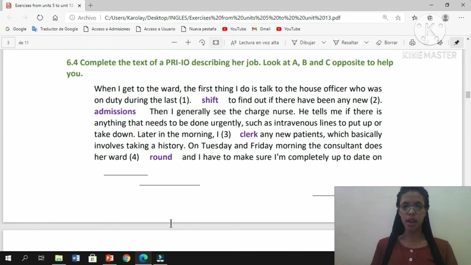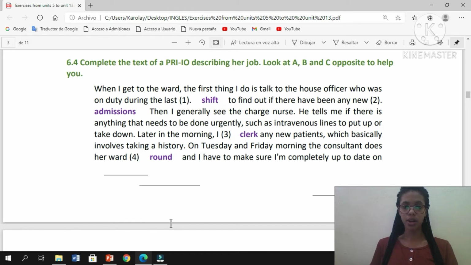Then I meet the charge nurse. He tells me if there is anything that needs to be done urgently, such as an intravenous line to put up or take down.